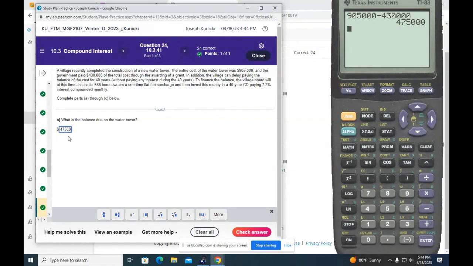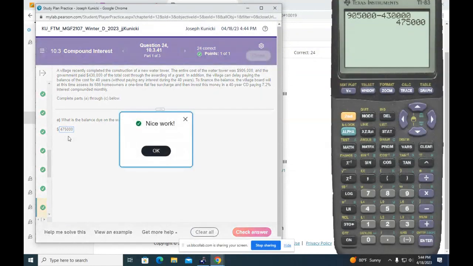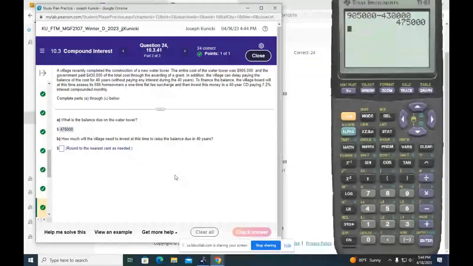All right, so that's the balance. And then, in addition, the village can delay paying the balance of that $475,000 for 40 years without paying any interest during the 40 years. So that's a really nice government plan, right? Sounds like a government plan.